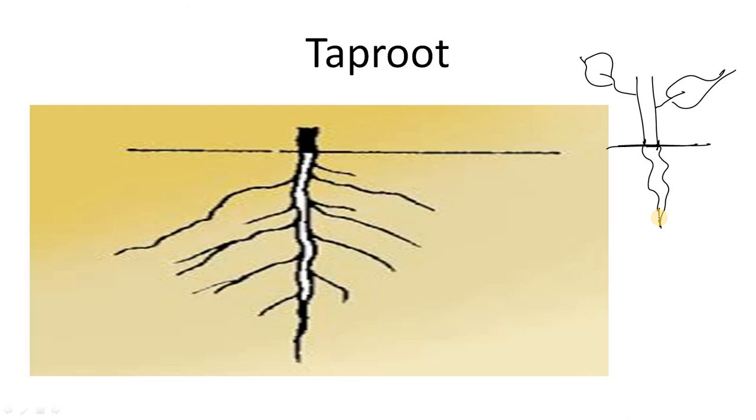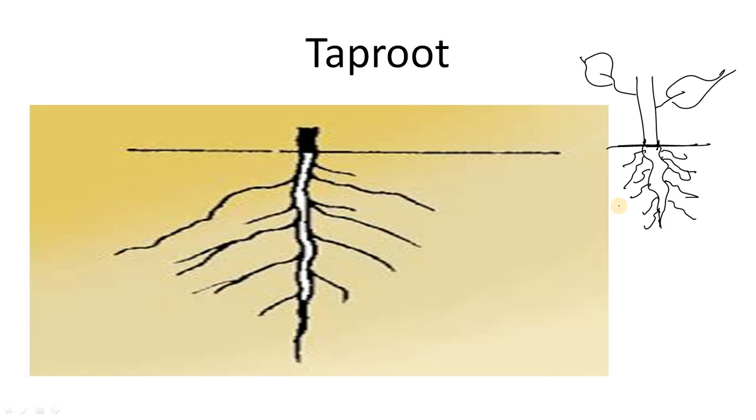So the tap root means a main root grows from the end of the stem and many small roots grow from the main root. This is a main root which grows directly below the stem. There is only one main root. From this main root we see other small roots growing by the side, like this, in the soil. This type of root is called tap root. So I will repeat once again, children.